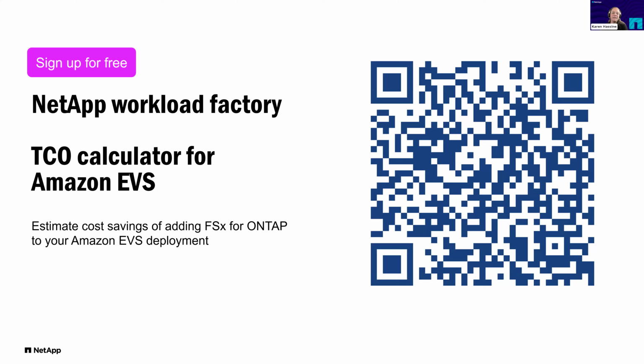So if your workload exceeds the host storage capacity, you will find yourself adding expensive hosts just for the storage. And that's really what the TCO calculator helps you visualize. And by adding FSx for ONTAP as an external data store, you can decouple that storage from compute and really reduce costs by up to 50%.